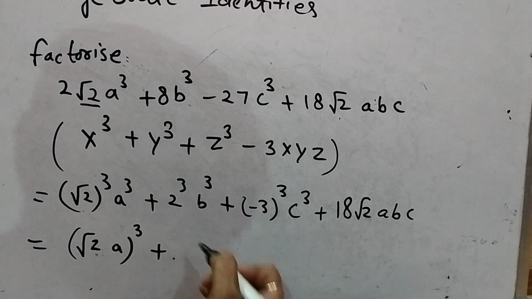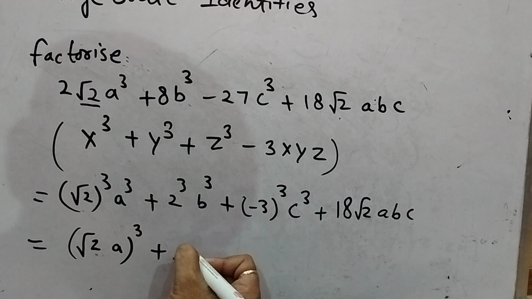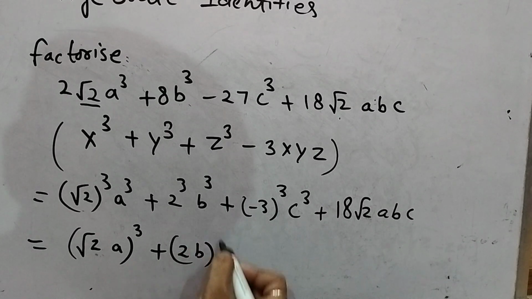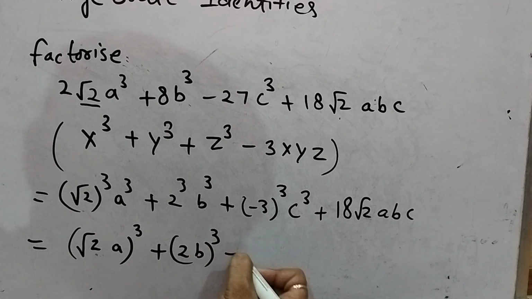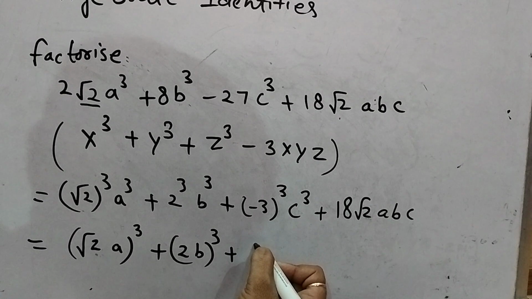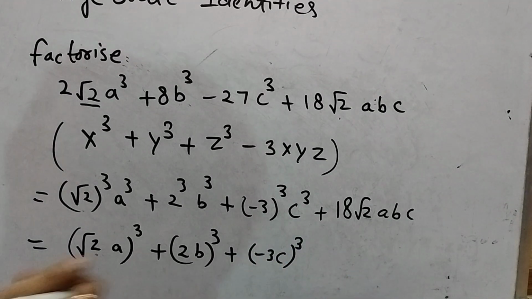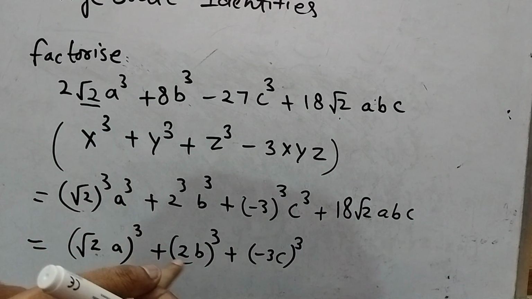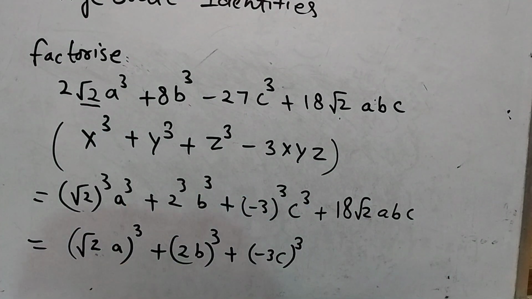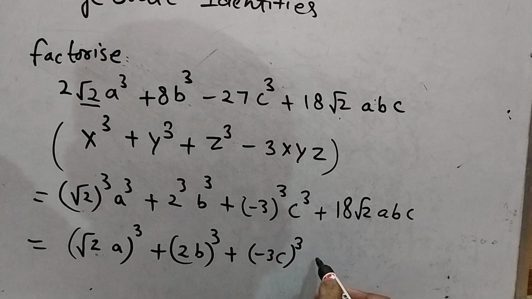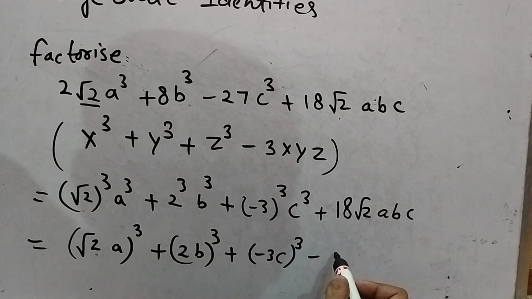So this is actually an identity. Plus, this can be written again as minus 3c whole cube. Now we have the form a cube plus b cube plus c cube. Now we have the fourth one, minus 3abc.